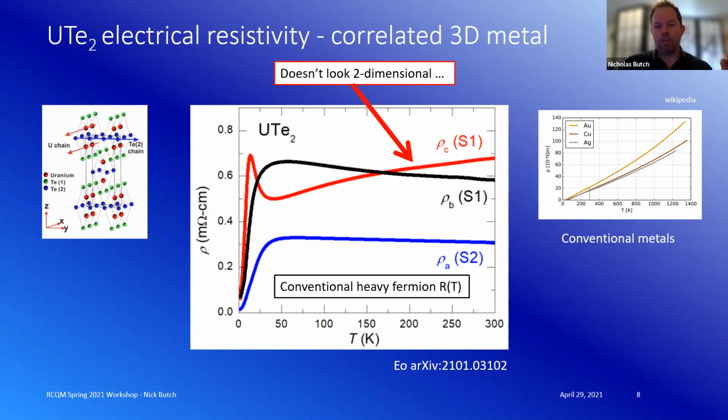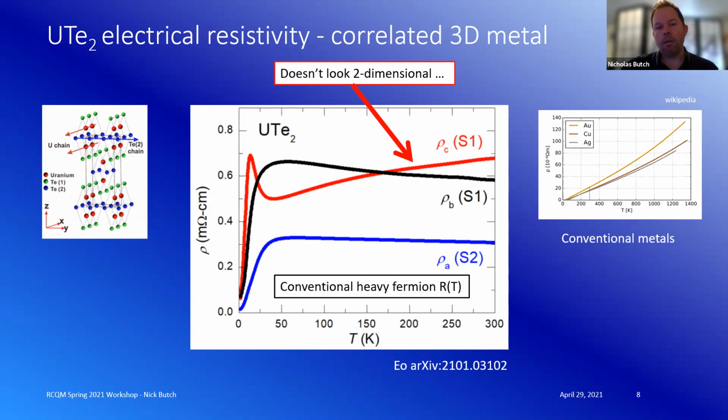Now, you mentioned the peak. I call this peak a robust feature. We've seen indications of it for a long time and didn't quite understand it. We were also worried about, for example, whether the contacts were bad. The change in behavior at this 50 Kelvin temperature scale also corresponds to what happens in the magnetic susceptibility.